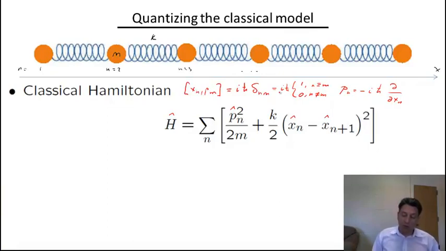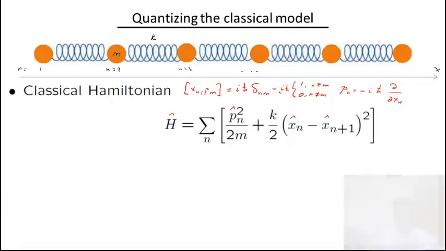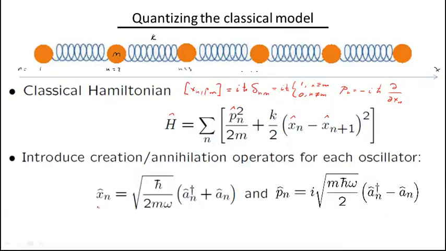Now the next step we're going to perform is to use our definition of the creation and annihilation operators that were introduced in the solution of the single harmonic oscillator, and we're going to represent each coordinate x n and momentum p n through the corresponding creation and annihilation operators a and a dagger. You can check, going back to the first segment of the lecture today, that these are exactly the same definitions we used before, but now we just have this additional index n which refers to the atoms in this chain.